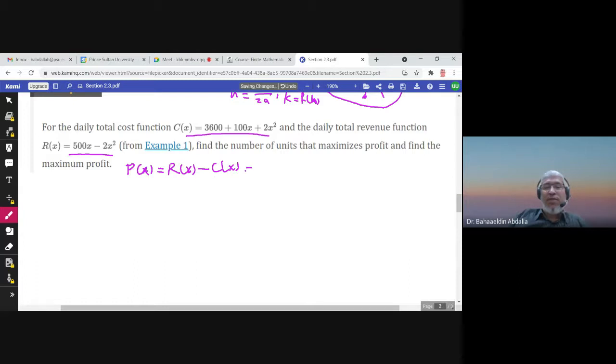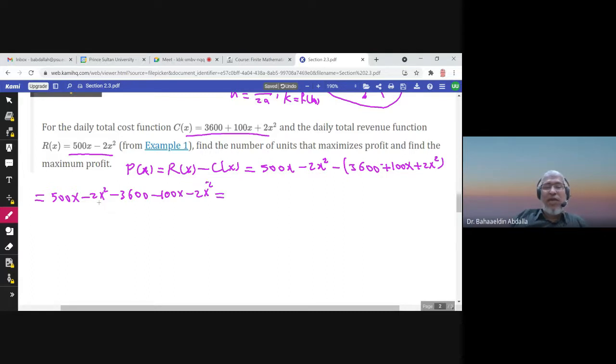So it is 500x minus 2x squared, minus the cost function, which is 3600 plus 100x plus 2x squared. This equals 500x minus 2x squared, and then we distribute the negative sign to all terms.